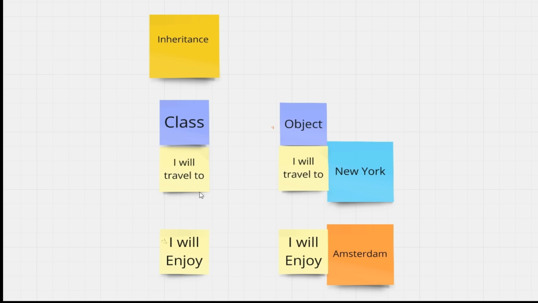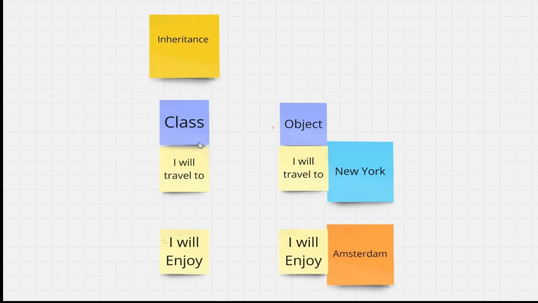As you see, I override travel to with enjoy. So it will be I will enjoy. This is inheritance. I inherited from the first class to the second class the words, variables, functions, methods, commands.